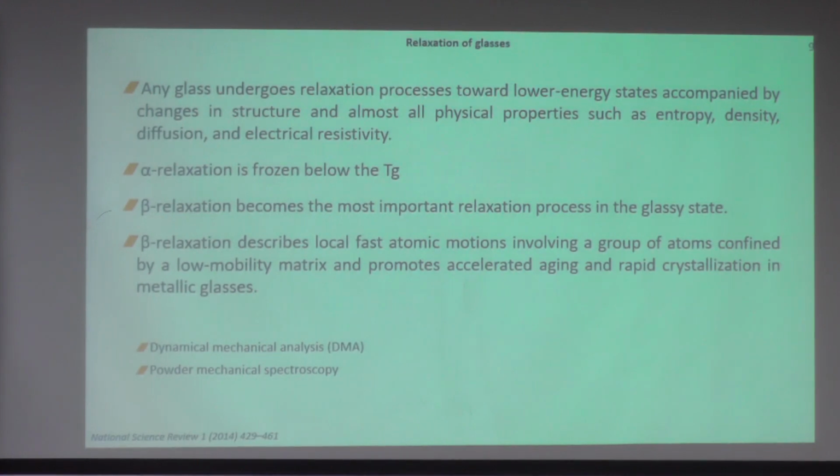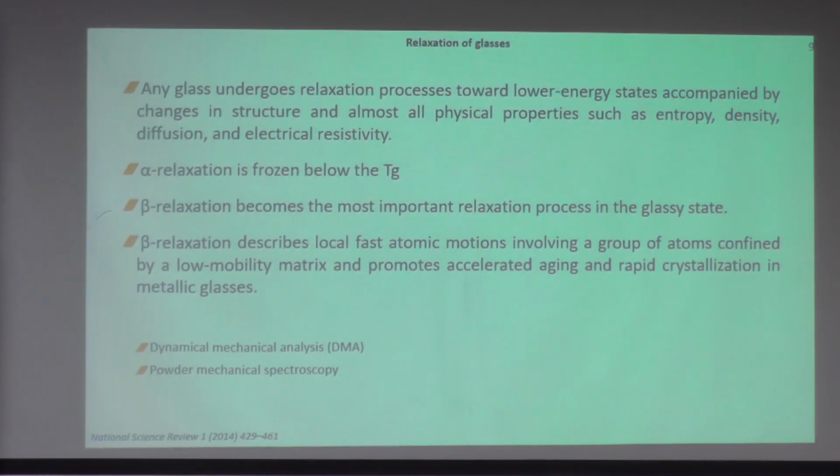So now, relaxation of glasses. Any glass, it does not matter whether it's phase change materials, amorphous phase change materials, or other glasses, tends to relax its structure toward low energy states.